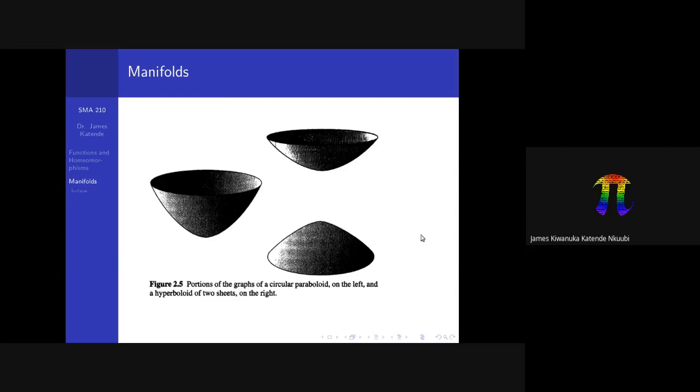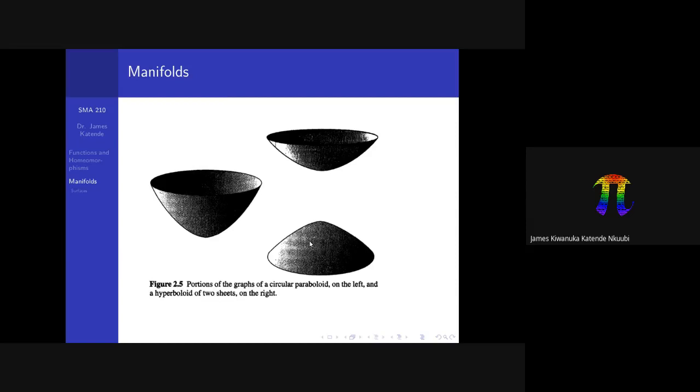But the hyperboloid consists of two sheets, so they are not connected. These two are not connected. It has two components, and therefore it's not connected. It is definitely a two-dimensional manifold, because if you pick any point on this surface, you can always find an open neighborhood which is homeomorphic to an open planar disk.